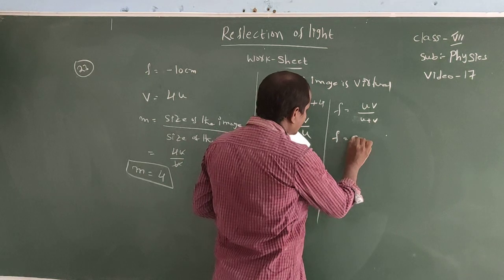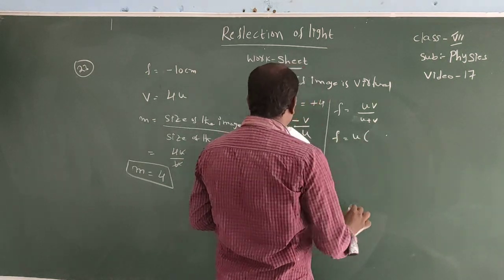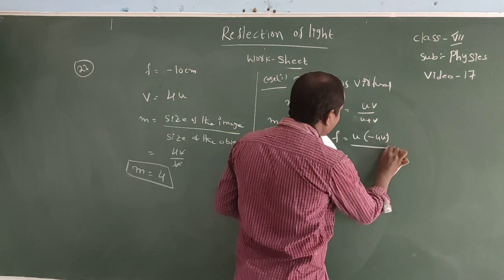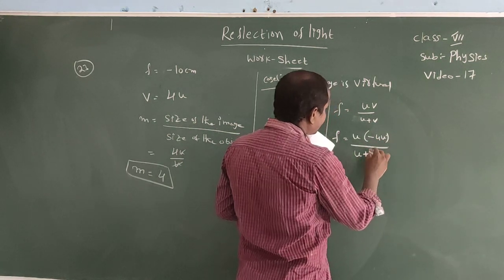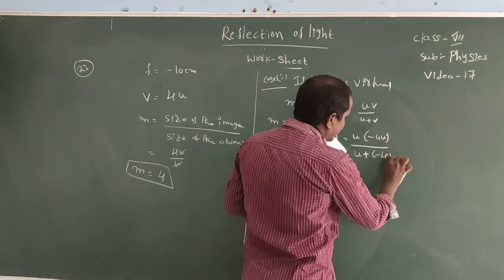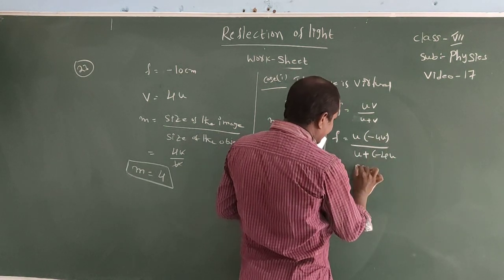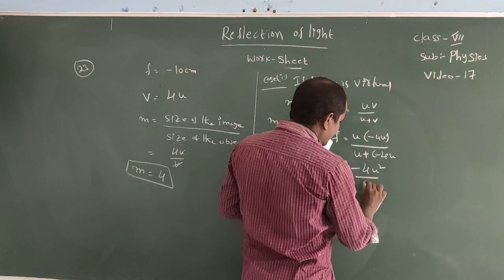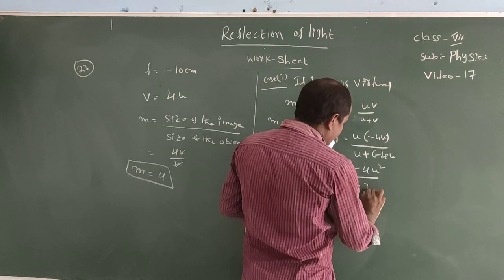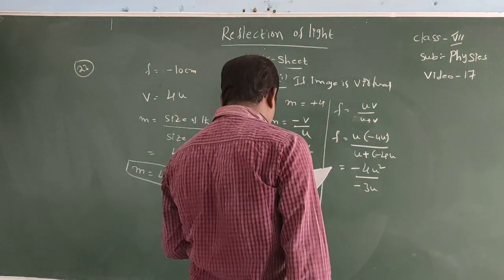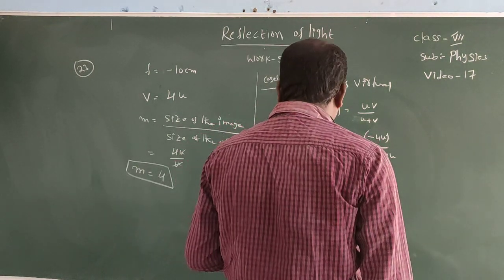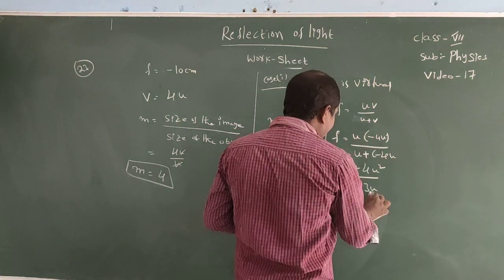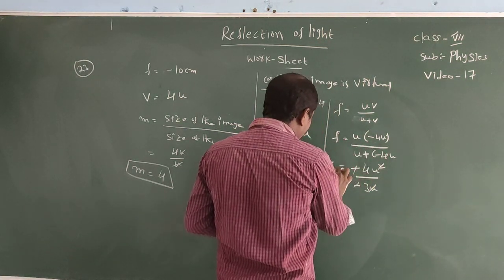Therefore f equal to u into v, v equal to minus 4u, by u plus v means here minus 4u. So minus 4u square by minus 3u. Minus minus get cancelled, u and u get cancelled, that is equal to f.